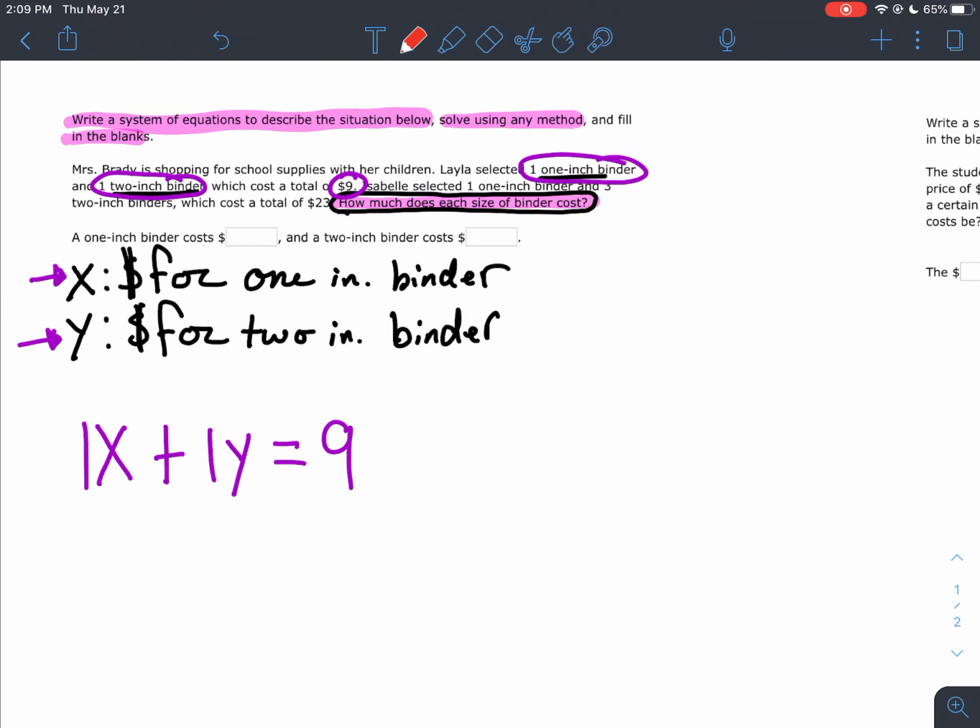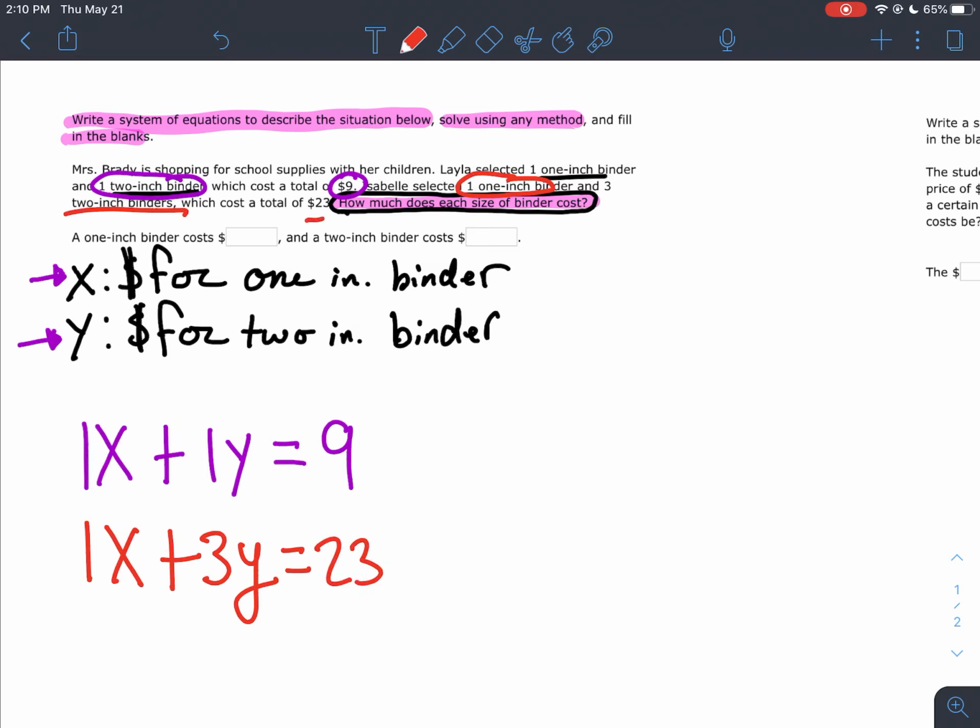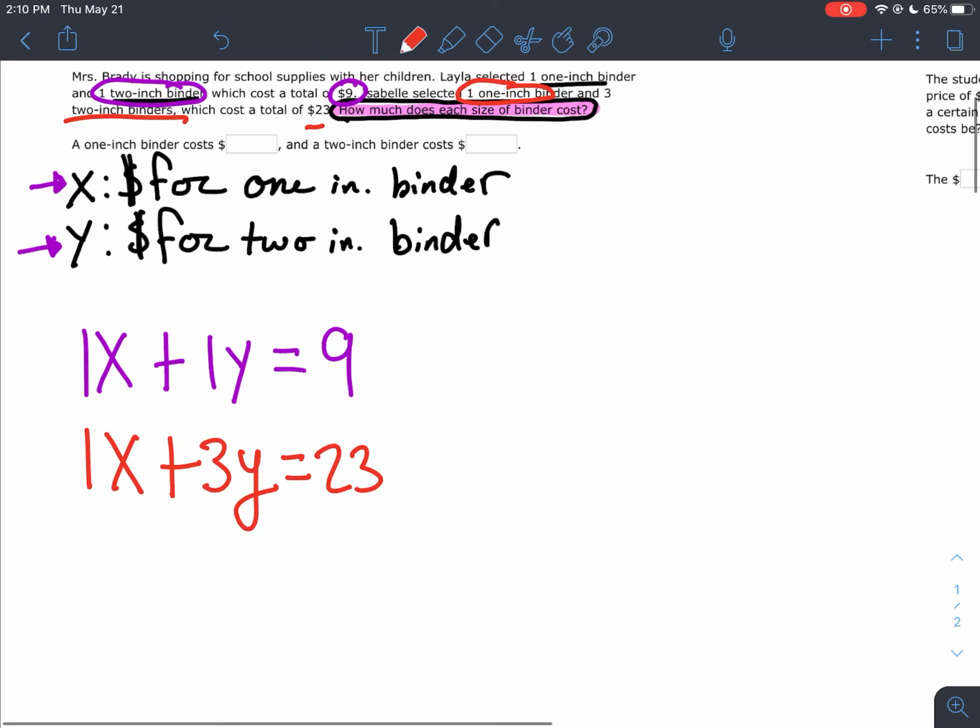Isabel now has one 1-inch binder, so 1x plus three 2-inch binders. So Isabel in this case is going to have three y's, and the total cost is going to come out to be $23. So now we have 1x plus 1y equals 9, and we have 1x plus 3y equals 23.